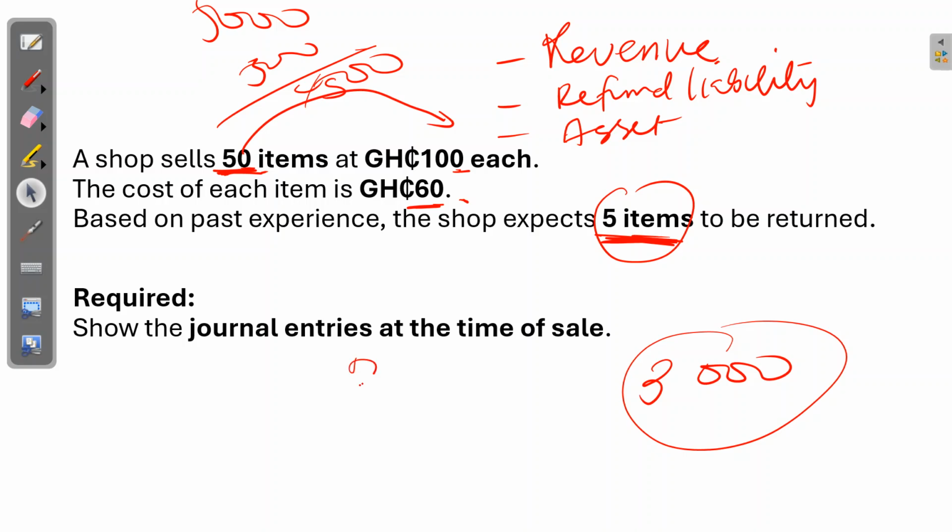This is what has left the warehouse. So it means that we are going to debit inventory of 3,000.